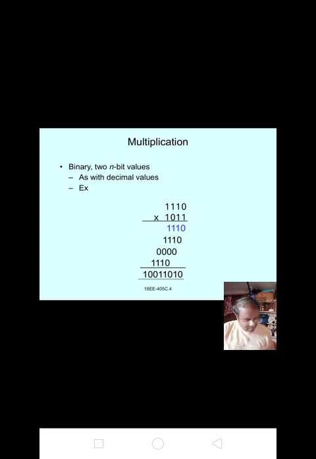There are 3 numbers, so the code is 4 2 1. Now what is the decimal number? Simple one, tell me: 4 plus 2 is 6.